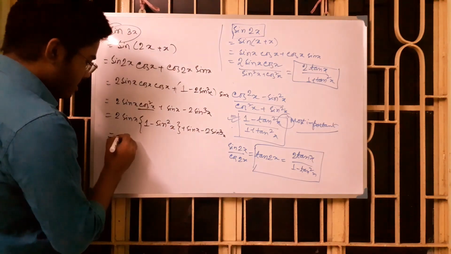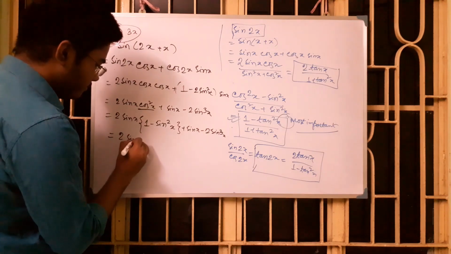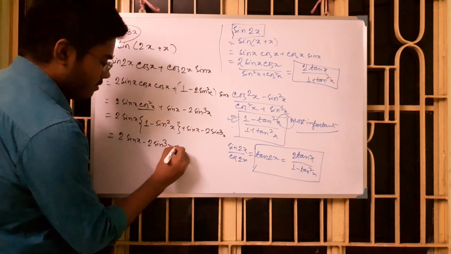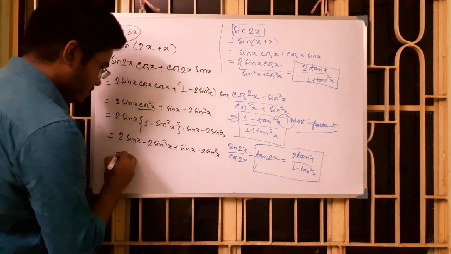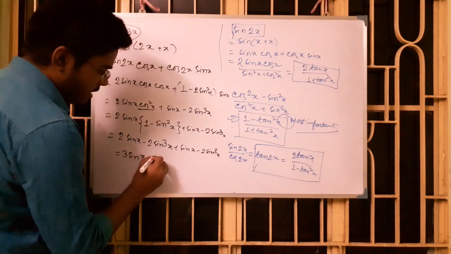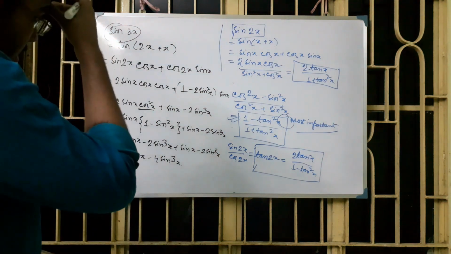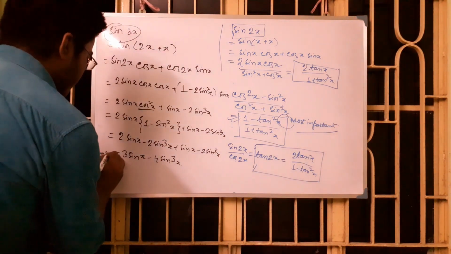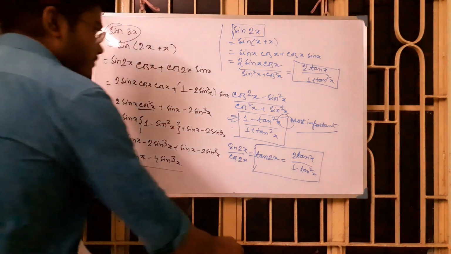Convert every sine into sine, or every cos into sine. Minus 2 sin cube x plus sin x minus 2 sin cube x. So what is the answer? 3 sin x minus 4 sin cube x. Okay. So this is the process. Sin 3x equal to 3 sin x minus 4 sin cube x. Convert every cos into sine and every sine into sine.